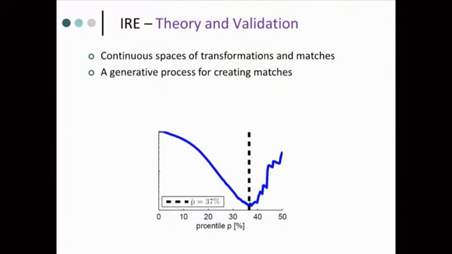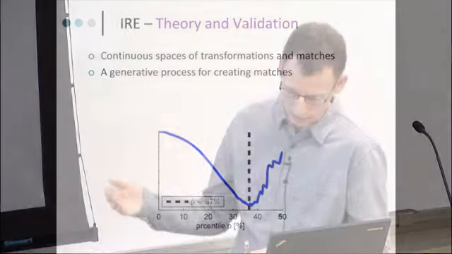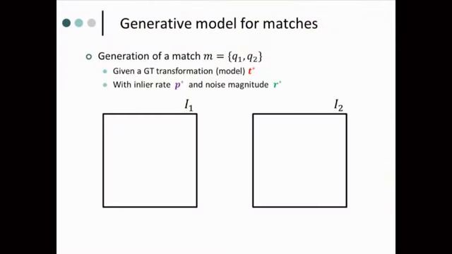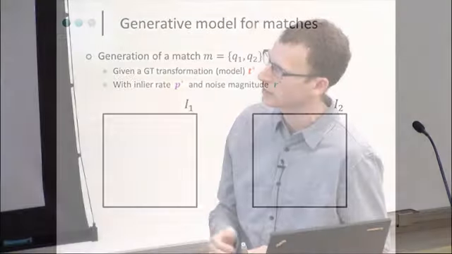So what we do is, I'll just tell you about the basic idea. We move to continuous spaces of transformations and matches. And we use a generative process for creating matches, under which we will analyze this measure. So what is this generative model? I think it's the standard way of thinking about this.